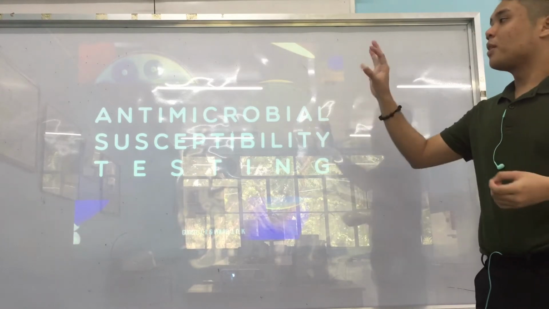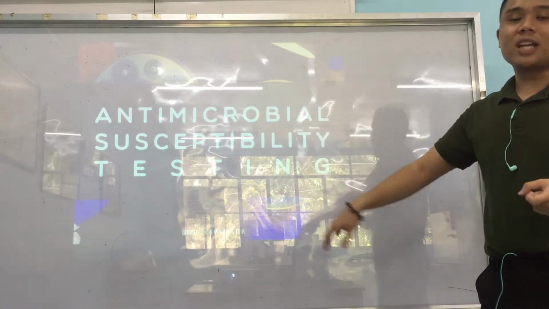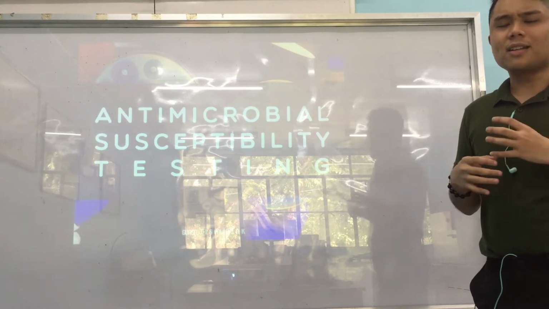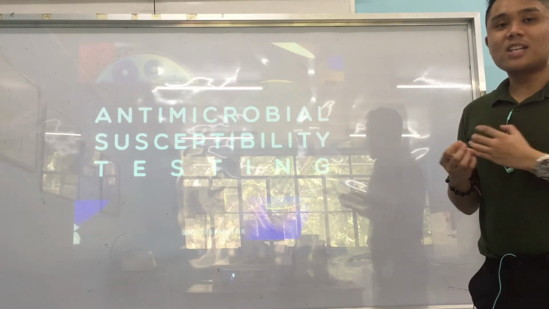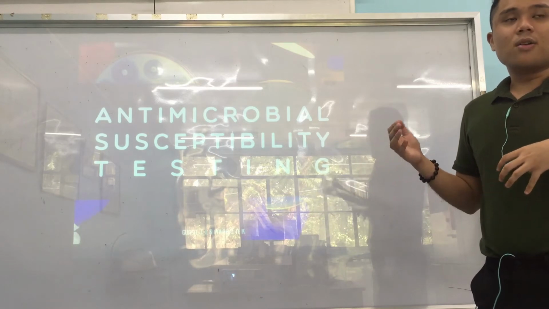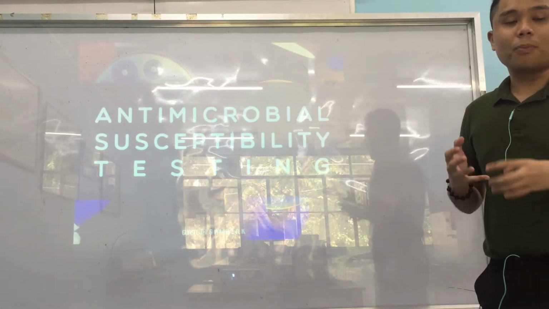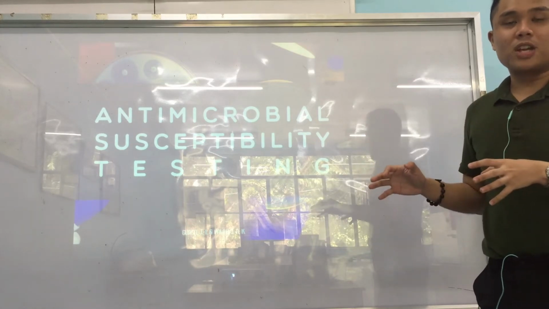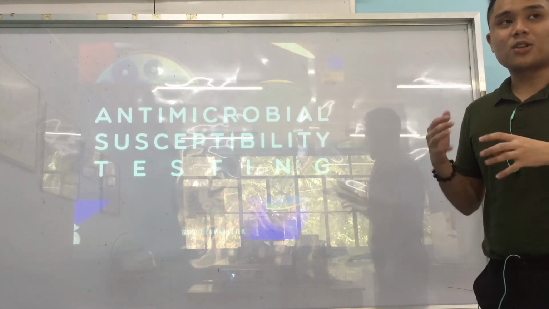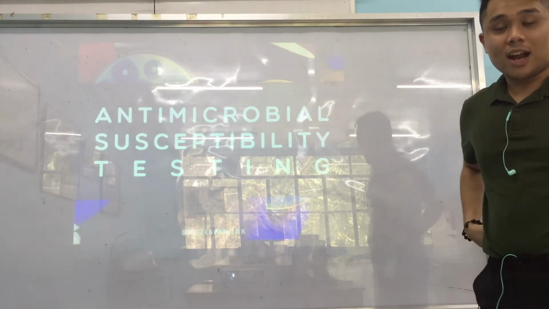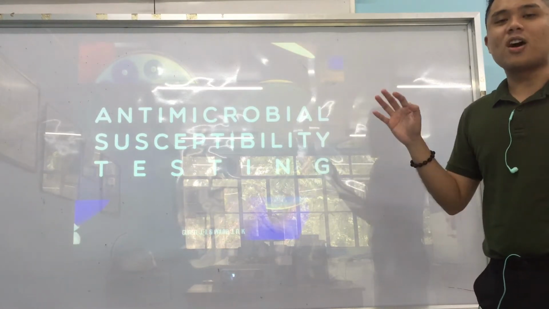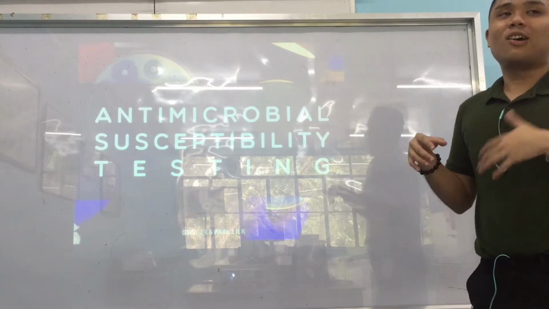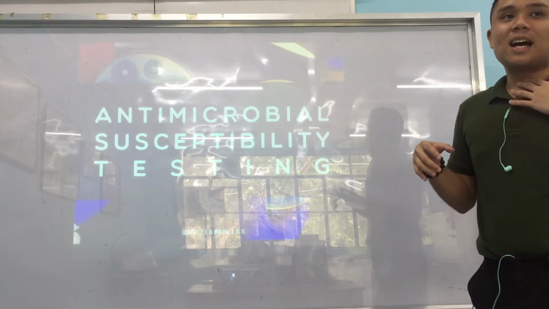And then finally we test the known antibiotics against these organisms so that it will give the doctors an idea as to the possible treatment or possible agents that can be used against this particular pathogen that is causing the infection in our patient. I do hope you get the flow of our role in the microbiology section of the lab.